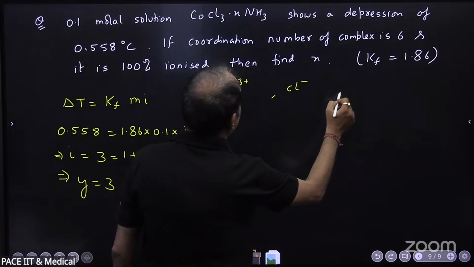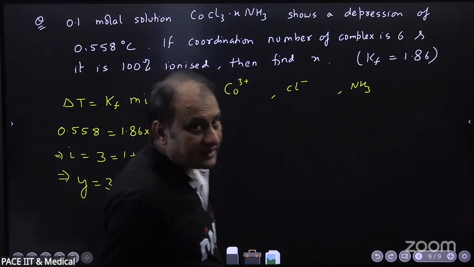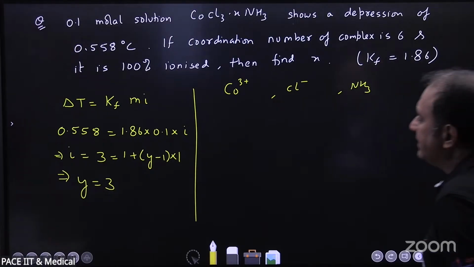Cl minus and NH3. Now Cl minus, as you know, can make ionic bond as well as covalent bond with Co3+. But ammonia can only make coordinate bond.